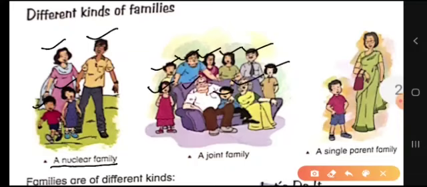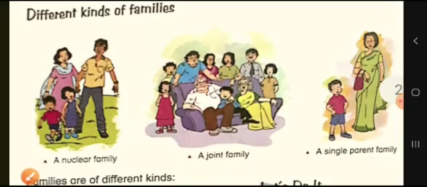When all these members of a family are together, they are called a joint family. Then there's another kind of family where the child has either a mother or a father. That is known as a single parent family. I hope you have understood. Okay, let's move on.